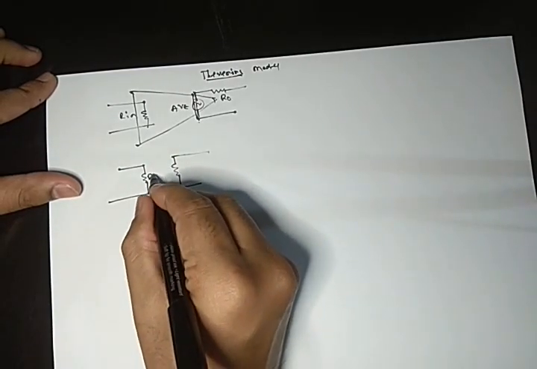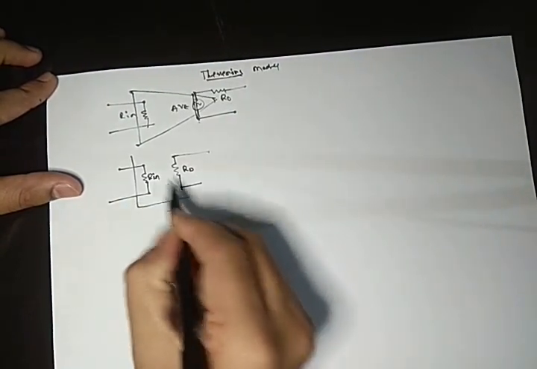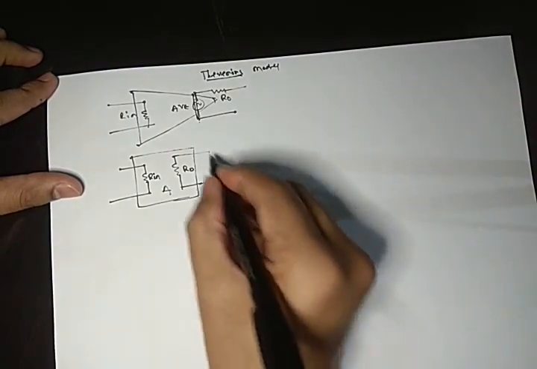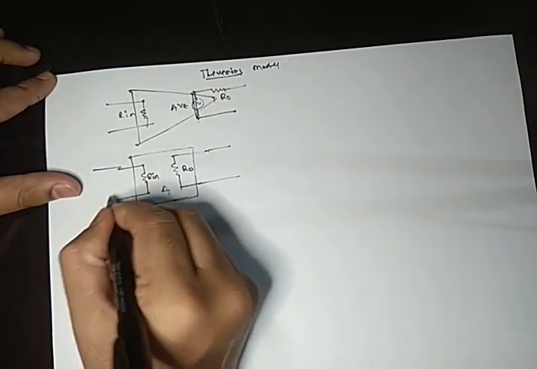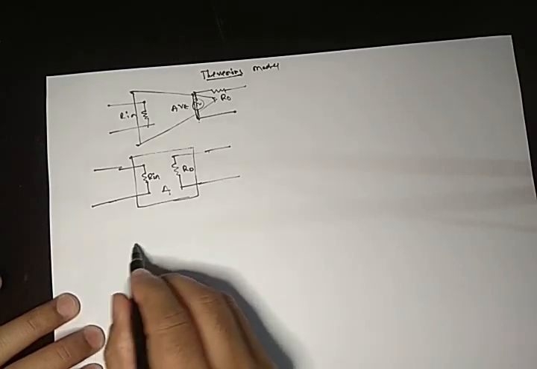This is your Rin and this one R0. Now this will become your A. Now we need another block in the same manner.